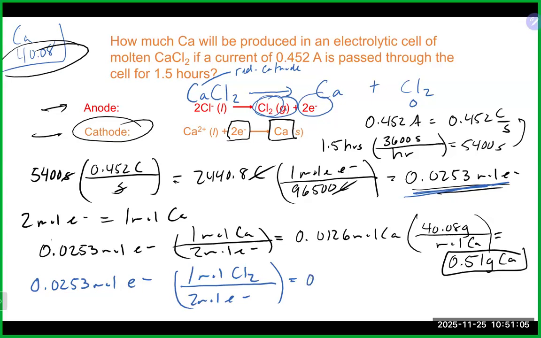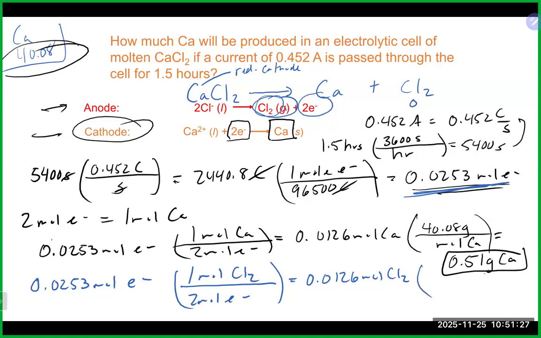That's going to get us 0.0126 moles of chlorine gas. Now, maybe you were also given a temperature, some other sort of gas information. You could use the ideal gas law if you had that information to solve for volume. Or you could also go to grams by using the molar mass of Cl2, and you can figure out how many grams of the chlorine gas you would produce.